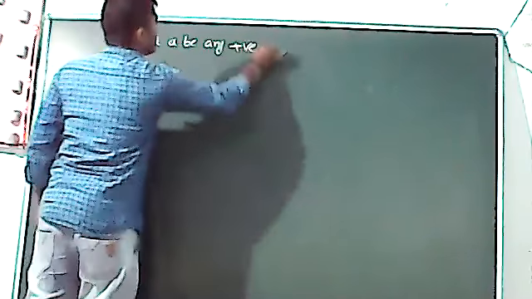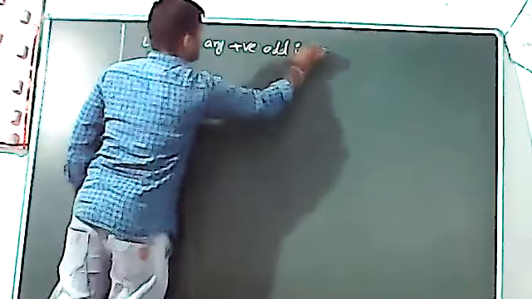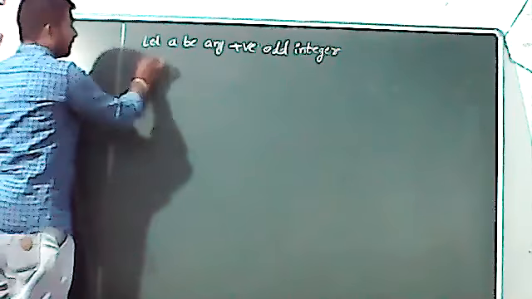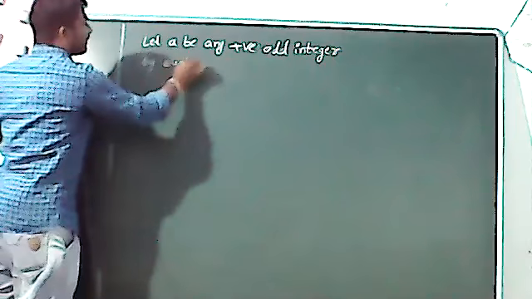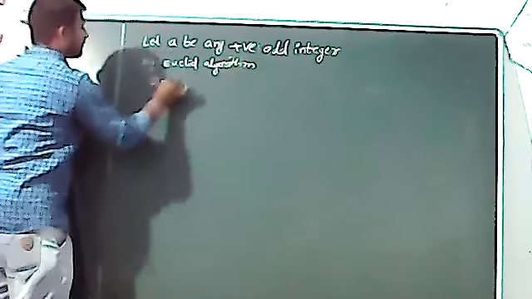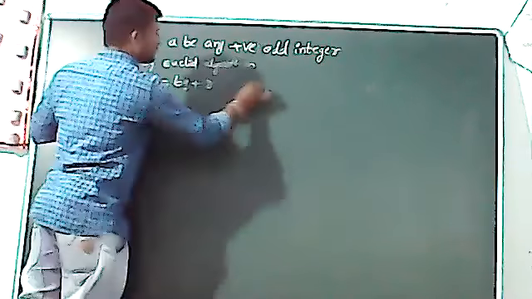Let a be any positive odd integer. Yes or no? It is given only, I have written it. So we can assume a is any positive odd integer. So by Euclid algorithm, what is the rule? a is equal to bq plus r, and the condition is 0 is less than or equal to r less than b.